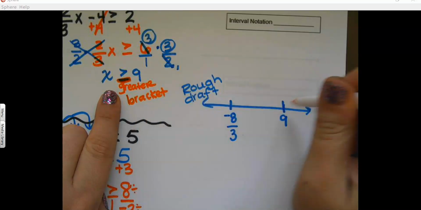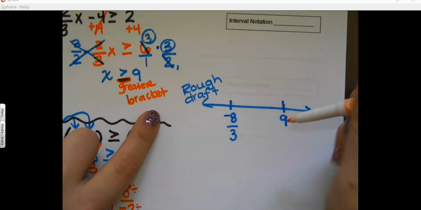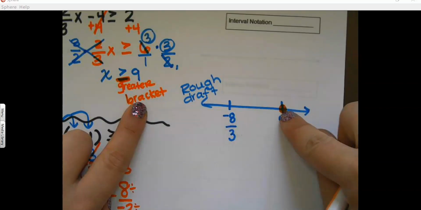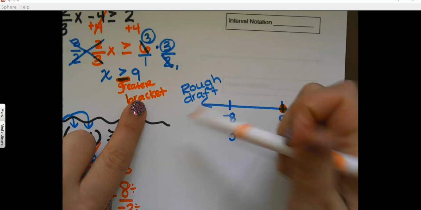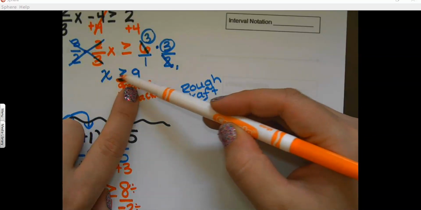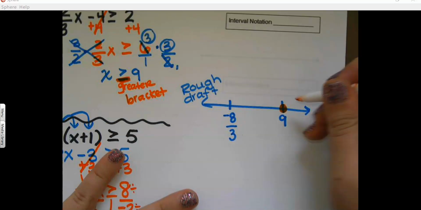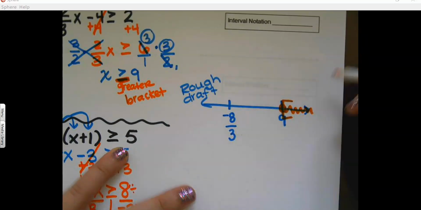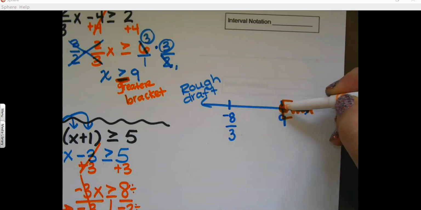But because I don't know right now what way, I'm just going to put a little circle and I'm going to shade it in because it has the line underneath. And then I'm going to need a bracket here. So it says shade all the numbers that are greater than or equal to 9. So I know that the bracket will go this way. So again, you don't need to have a bracket and the shaded circle. You can just have the bracket.